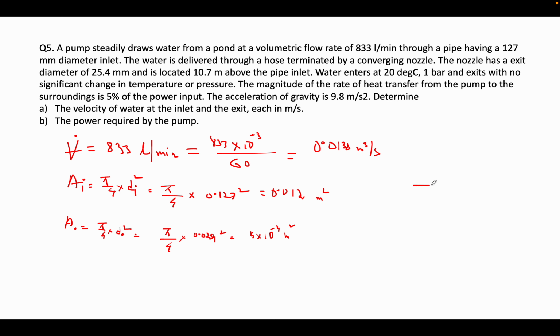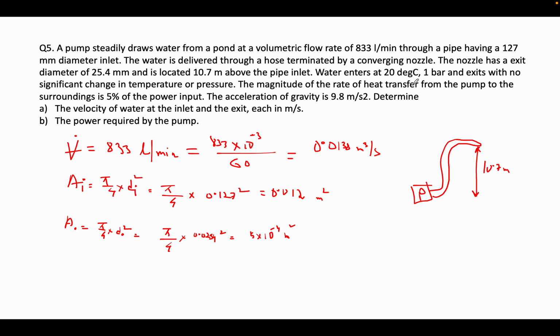Then it is telling that the exit is located at a height of 10.7 meters. Suppose this is my pump, and from here my nozzle is taking out the water. This height is 10.7 meter.